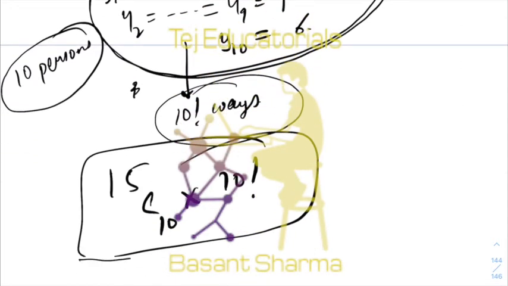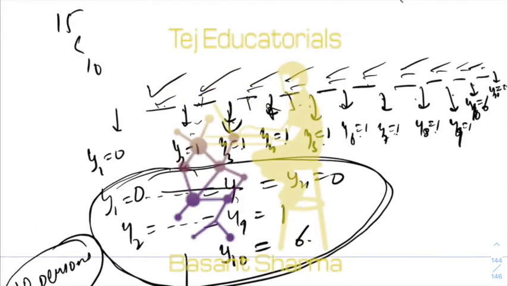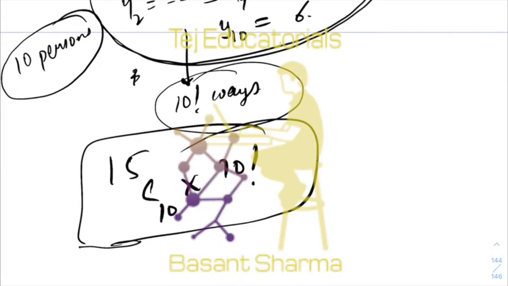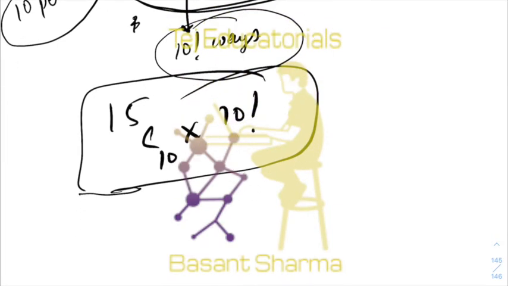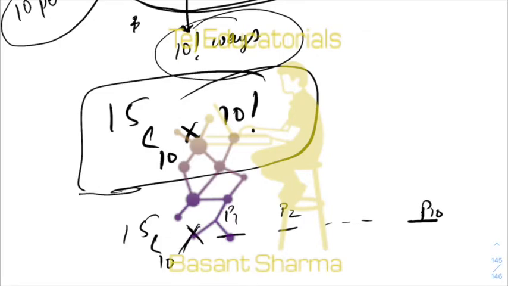I hope this is clear, because what I'm saying is, corresponding to every way in which you distribute the remaining seats, 15C10 tells me how you can distribute the remaining 14 seats amongst the 11 gaps, so that the condition of no two persons taking consecutive seats is satisfied. Once that is done, let's say this is person 1, person 2, so on till person 10, and here no seat is there, here 2 seats are there, and so on.